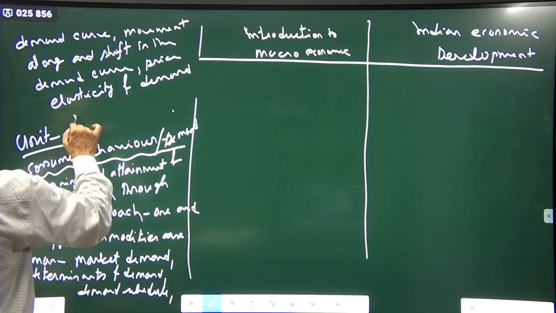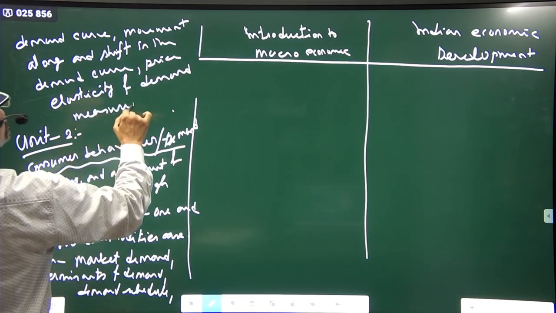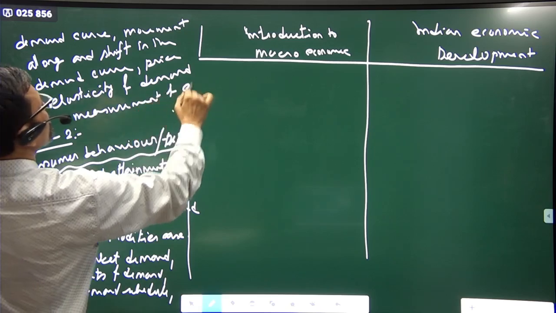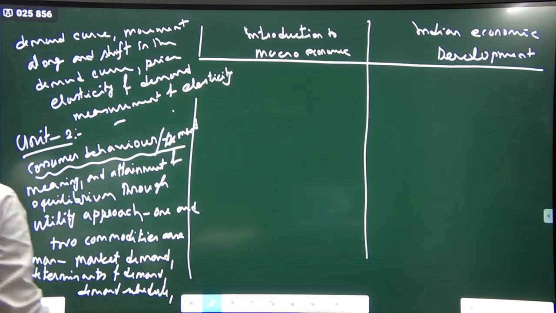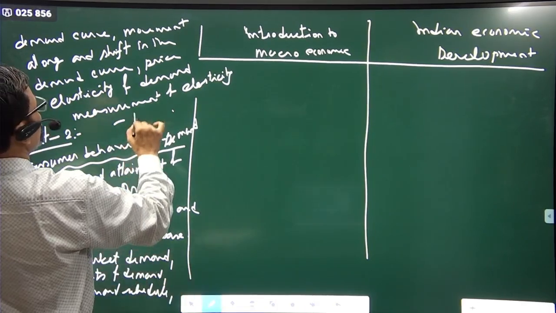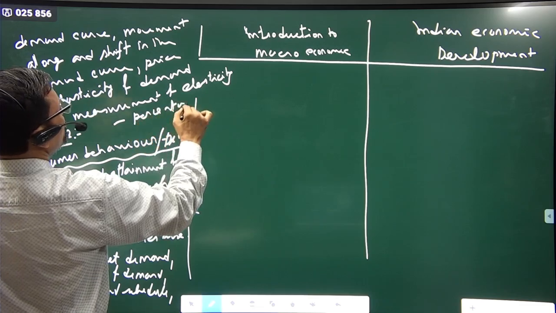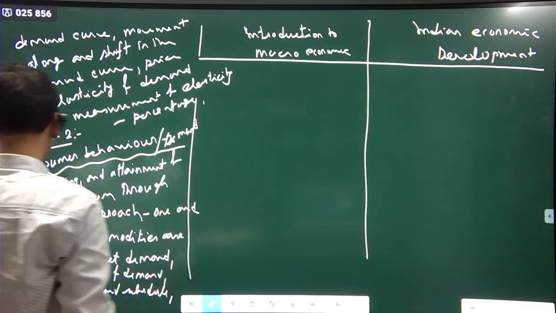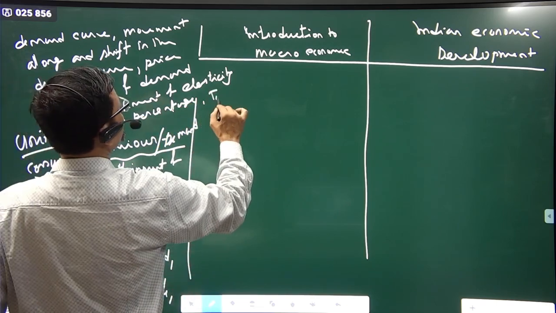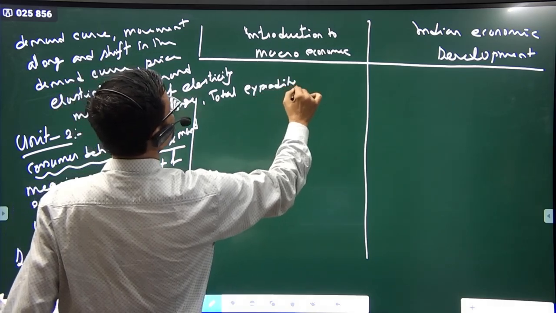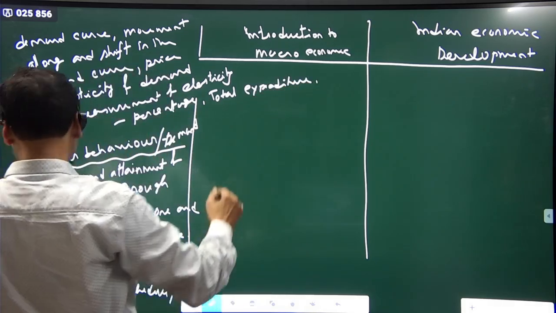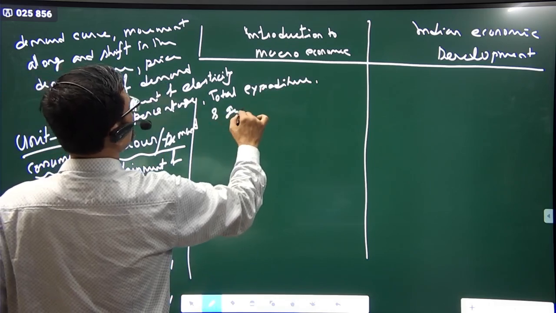Measurement of elasticity has three methods. One is the percentage method, another is the total expenditure method, and third is the geometric method.